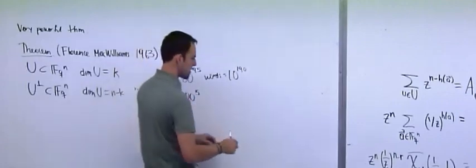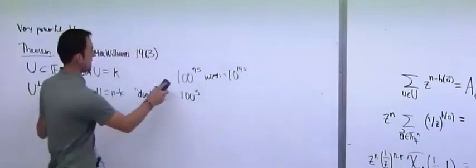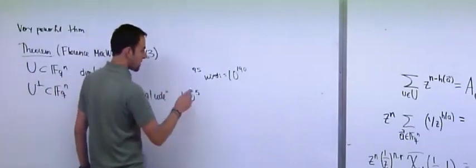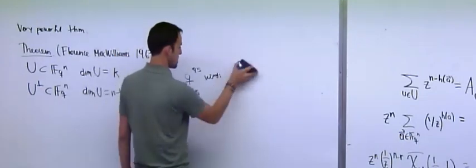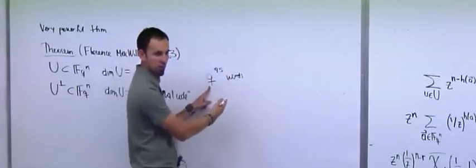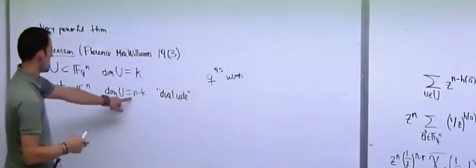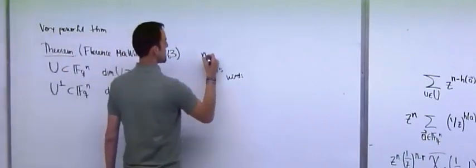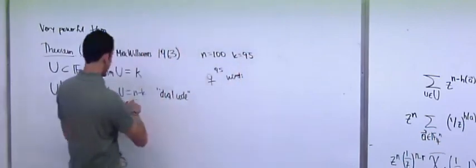Actually, why am I saying 100 here? This doesn't make any sense. A 95-dimensional space has q to the 95 words. So even if q is 2, 2 to the 95 is monstrous. But if n is 100, k is 95, and so n minus k is 5.